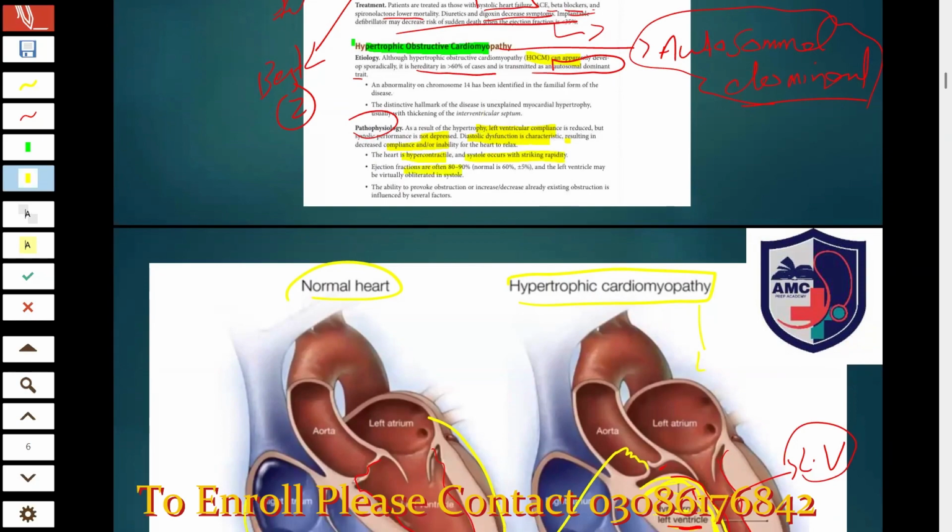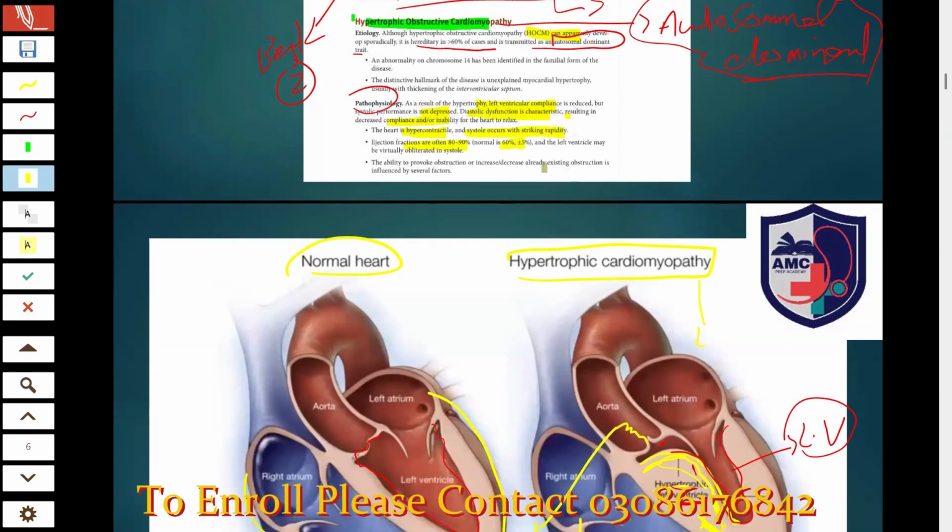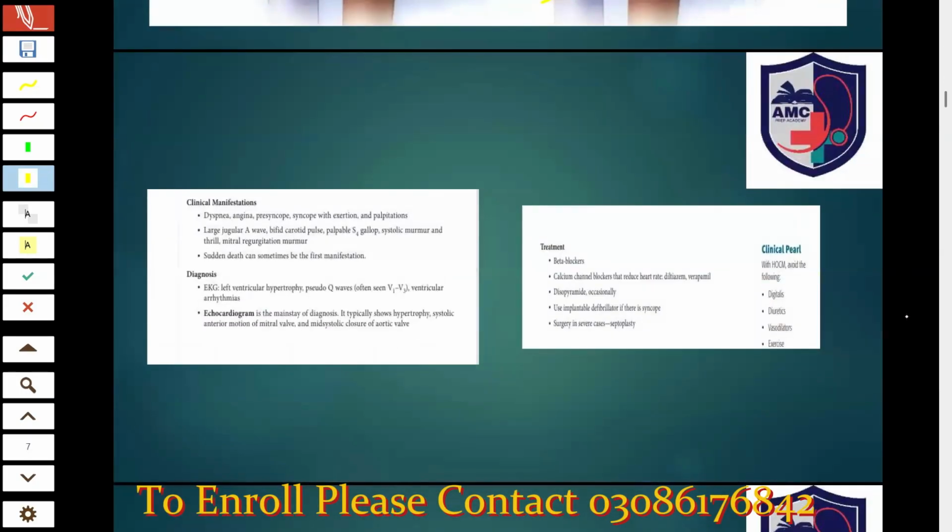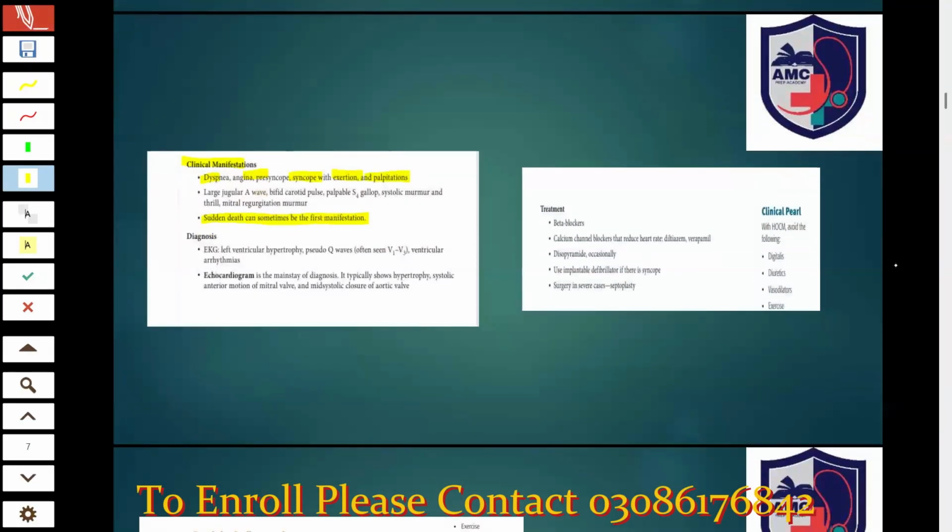Ejection fraction will often be 80 to 90%, normal is 55 to 60. Clinical features we discussed: dyspnea, angina, syncope, palpitation, on exertion. Sudden death can sometimes be the first manifestation. Diagnosis will be ECG, and echo will be best.